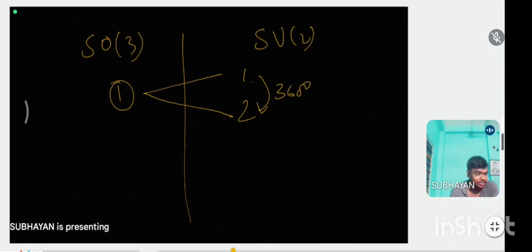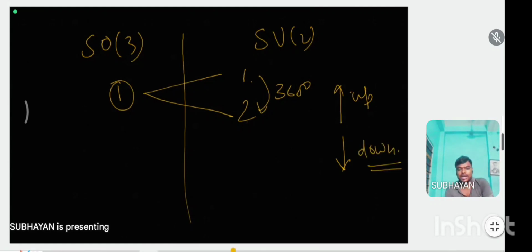And physically it is also justified, because for a spin half particle we have two states, spin up and spin down. And for orbital angular momentum, this will be the same. So these are the mappings between SO(3) and SU(2).